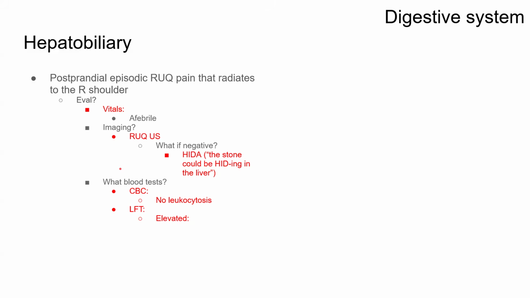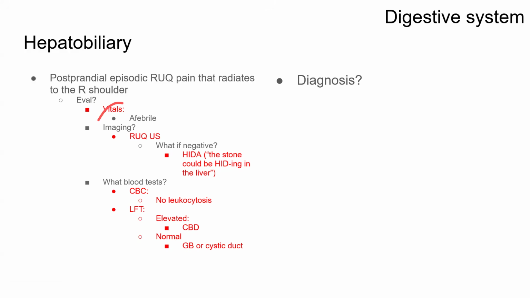If the LFTs, like the AST and ALT, are elevated, then you can think that the pathology is in the common bile duct, because there's obstruction of flow out of the liver, so it sticks around in the liver and can cause liver damage, which causes elevated LFTs. If the LFTs are normal, the pathology is likely in the gallbladder or the cystic duct, so it hasn't yet reached the point where it's blocking bile flow from the liver.